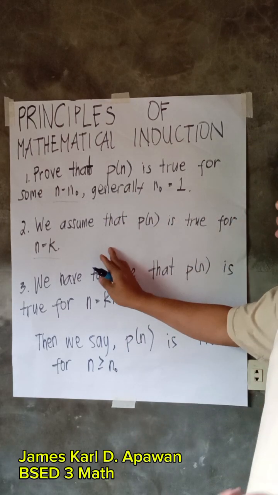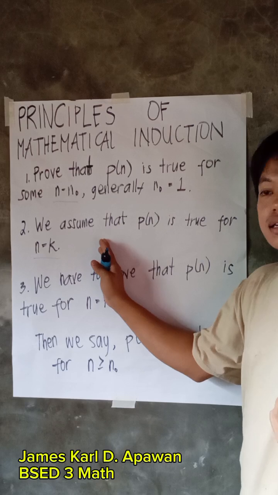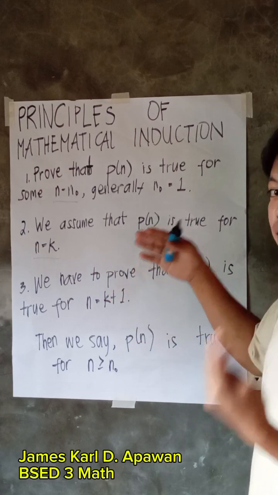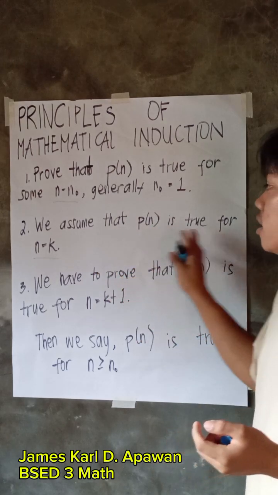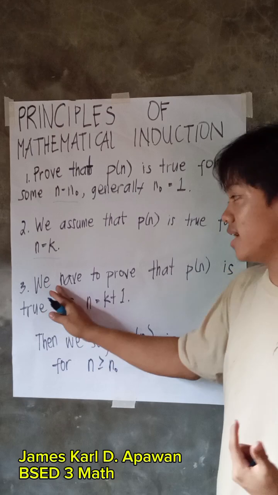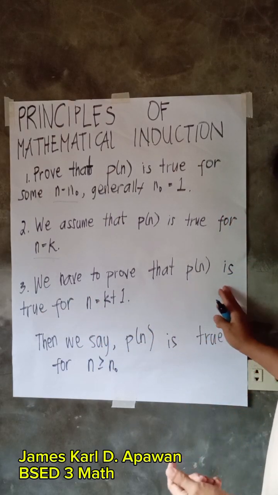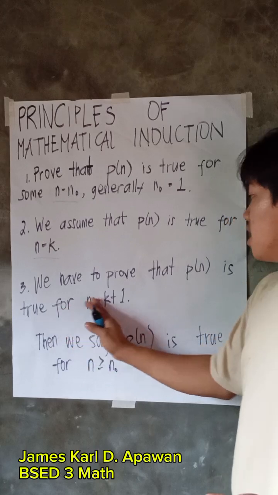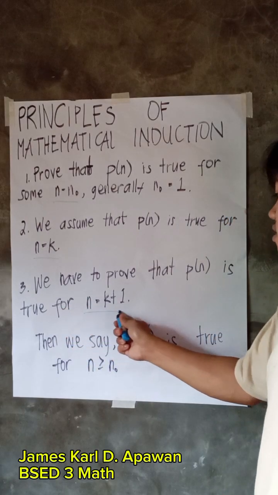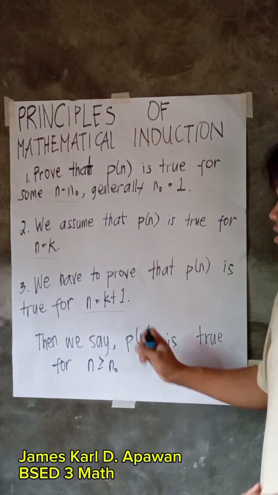The second step, we need to assume that P of n is true for n equal to k. Next is that we also need to prove that P of n is true for n equal to k plus 1.